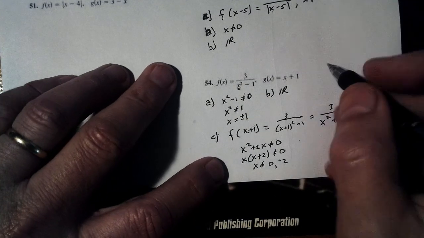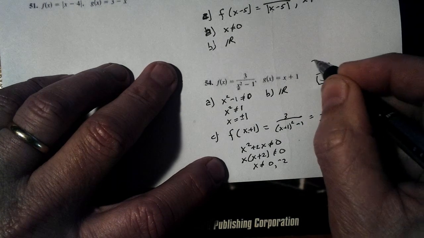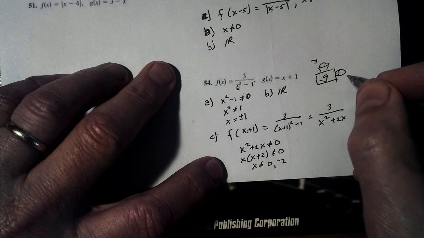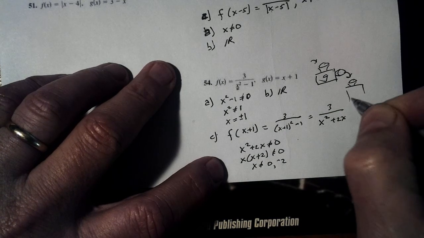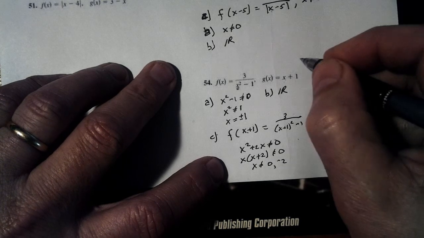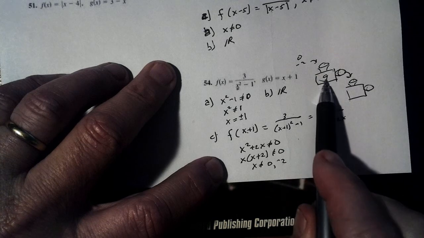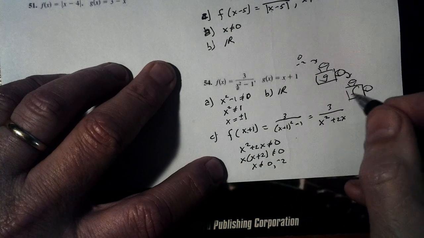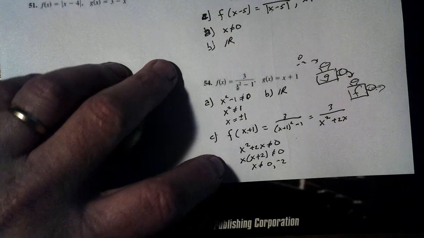So in front of my little sentry guard, here's G. I take G of x, put it into F. If a 0 or a negative 2 comes in here, I don't have problems in G, but I have problems down the road with the result of those in F. I hope that makes sense.